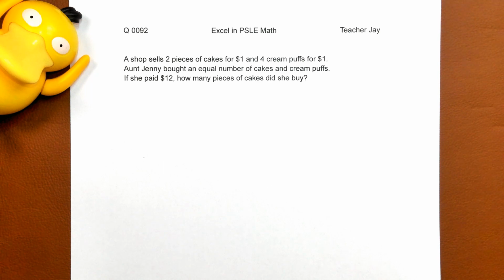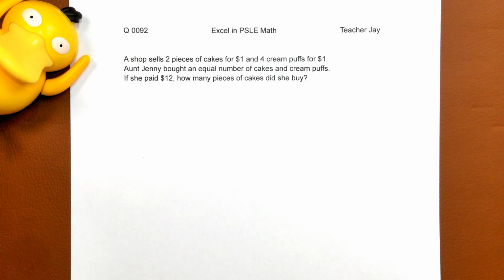Question number 92. A shop sells 2 pieces of cakes for $1 and 4 cream puffs for $1. 一个商店卖2块蛋糕是1块钱 $1 and 4块这个叫做奶油泡芙，它也卖1块钱 $1.